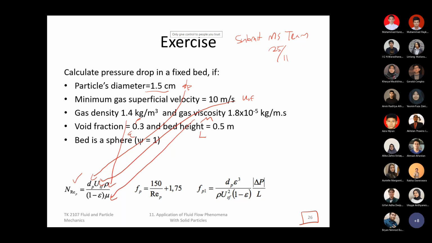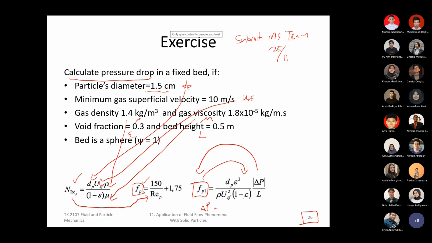So Re particle can be calculated pretty quickly. After you finish the Reynolds particle, then you can calculate the Fp, the friction factor. Then rearrange the delta P. This one should be the same as this Fp. So if the question is the pressure drop, then rearrange the formula.